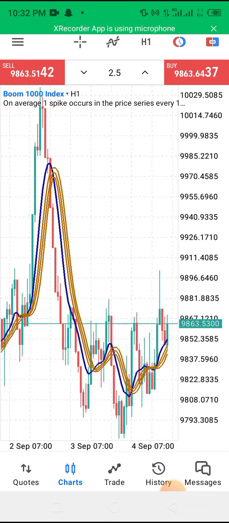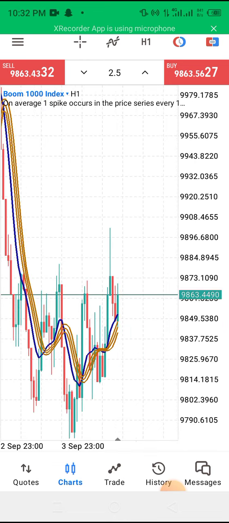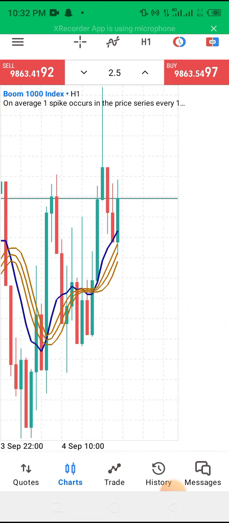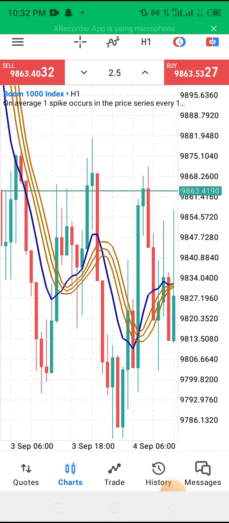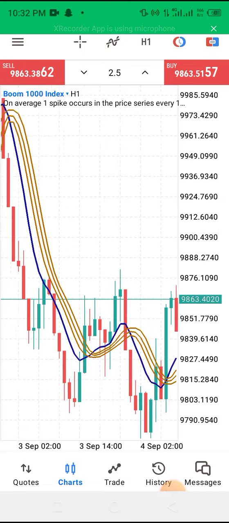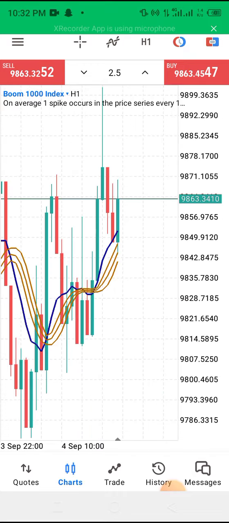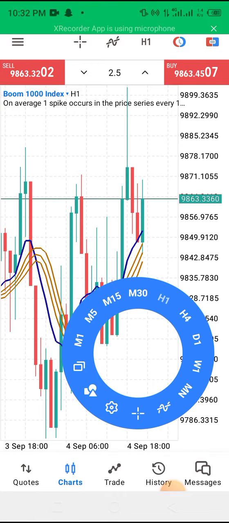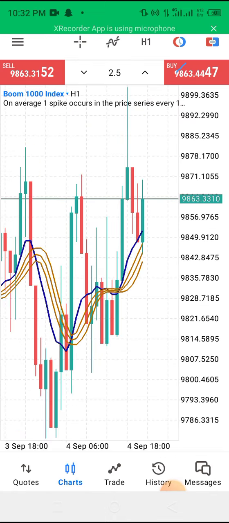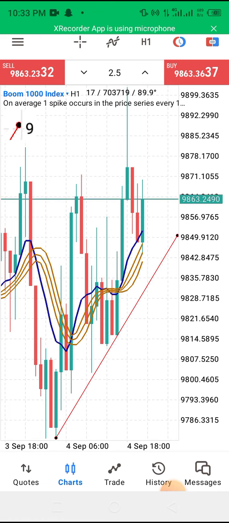So now we will look at all these pairs and see the one that will favor us. This is Boom 1000, and we can see at the moment I would not want to sell at this point, because I'm seeing most spikes happening on this pair. As you can see from what we are having here, I would say this is an uptrend, but this is just a scalping strategy.